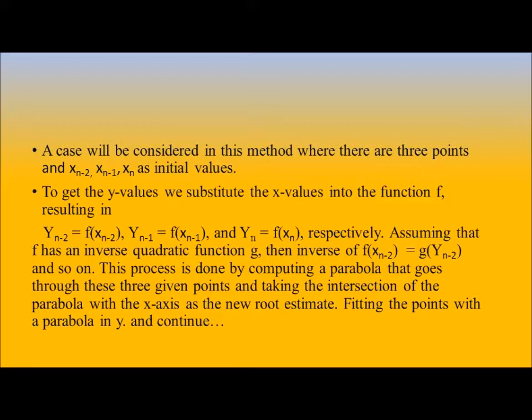Here, assuming that f has an inverse quadratic function g, then the inverse of f(xn-2) is equal to g(yn-2), f(xn-1) is equal to g(yn-1), and so on, like f(xn) is equal to g(yn).